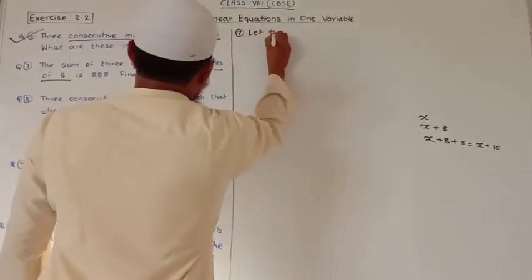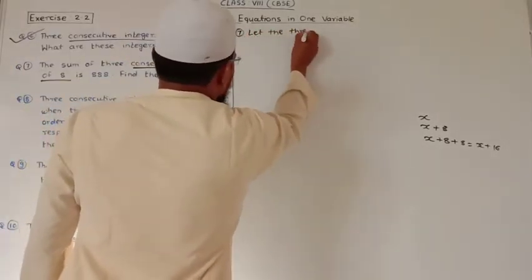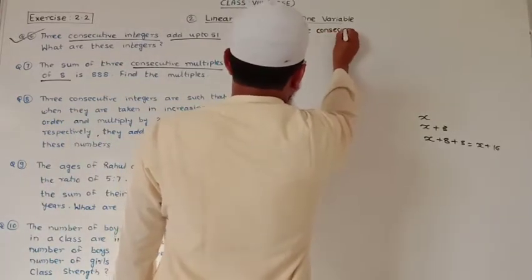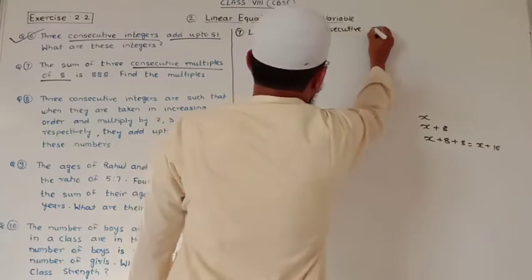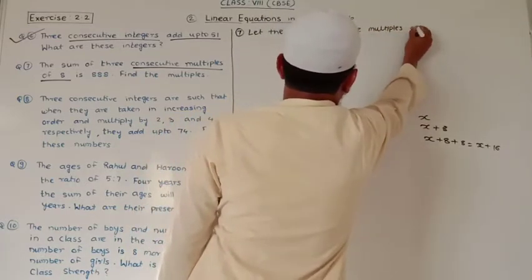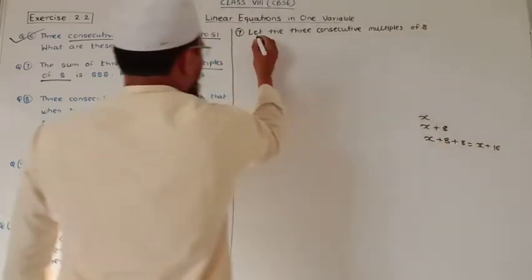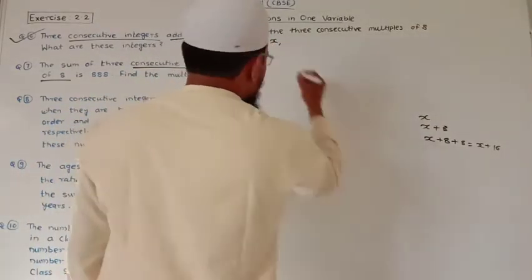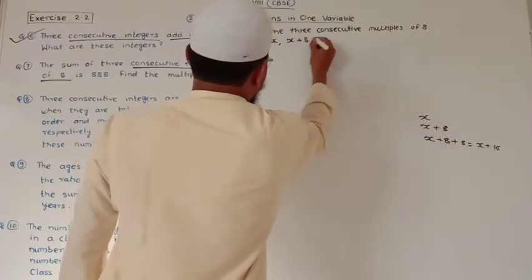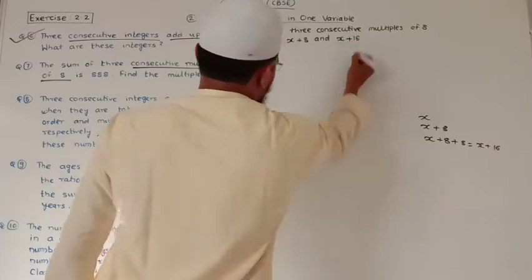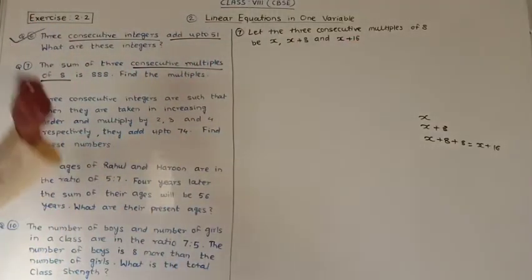Let the 3 consecutive multiples of 8 be: first x, next x plus 8, and last one x plus 16. So what is the condition?